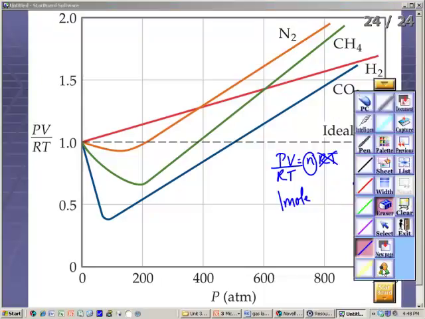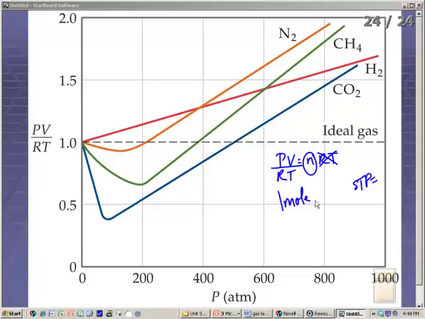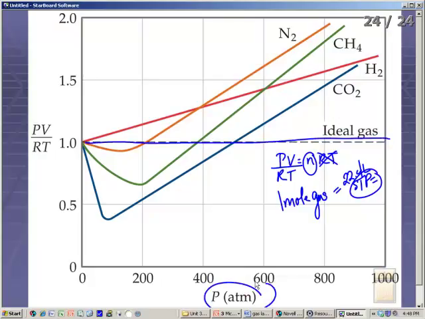Sorry, getting myself confused. 1 mole of any gas is equal to 22.4 liters. You guys kind of remember that one? And this is assuming at STP. Sorry, I was getting myself a little confused. I was trying to do this and remember this at the same time. So, n equals PV over RT, 1 mole. That's kind of what we're trying to hit at. This is where ideal gases should stay. And this, check it out, this is their pressure.